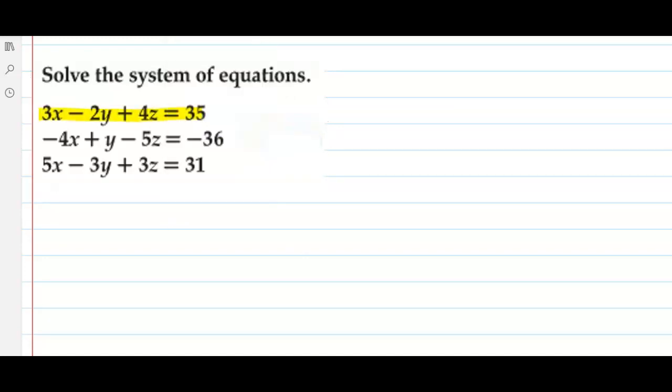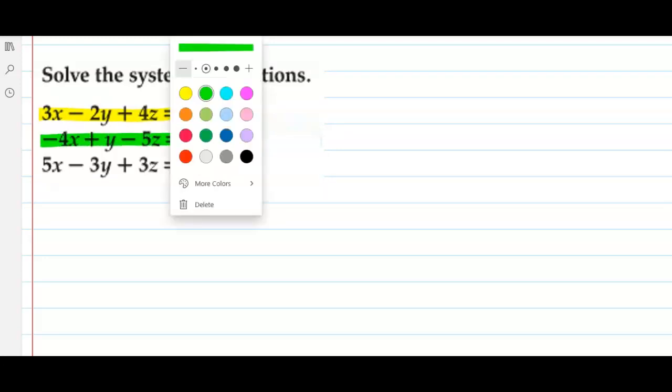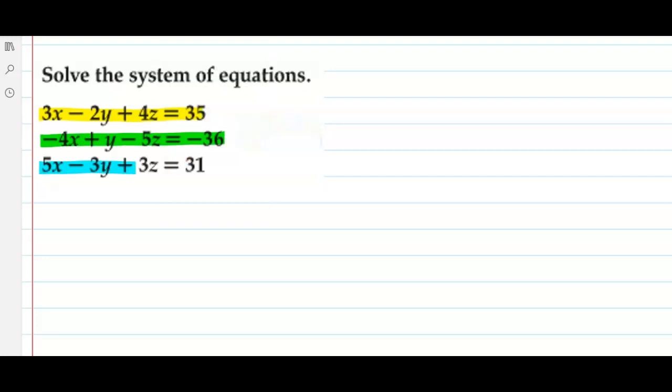I have a yellow equation, I have a green equation, and I have a blue equation. If I just take these first two equations and ignore my third equation, I won't have enough to solve, but I could eliminate these and have just two equations in two variables. Let me show you what I mean.